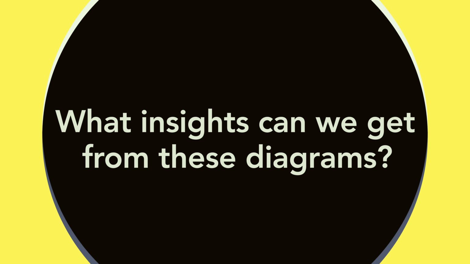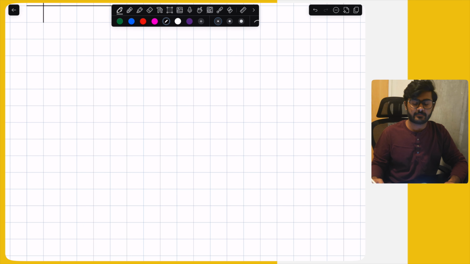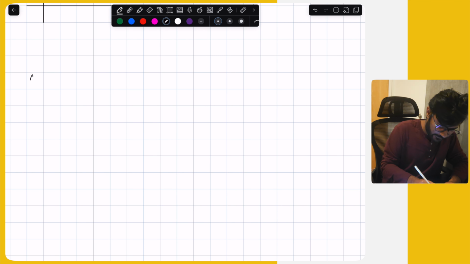Now that we know what these energy band diagrams contain, let's see what data we can actually gather from analyzing this diagram. The first piece of information is that we can find the type of material used.